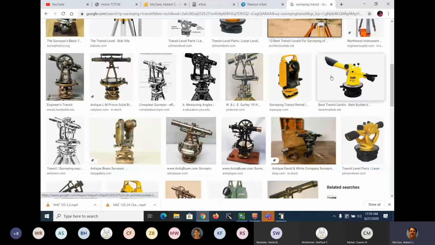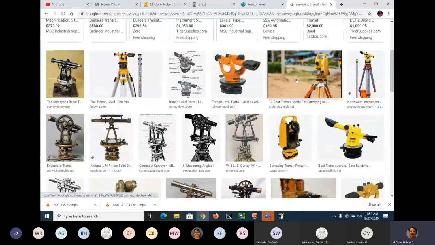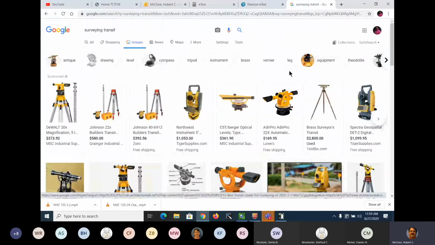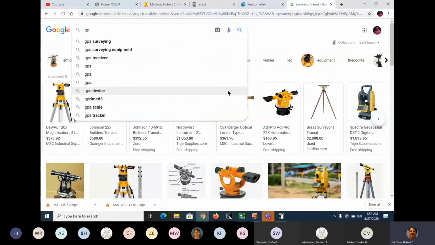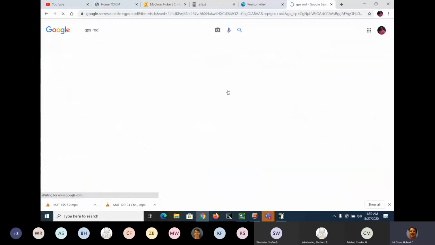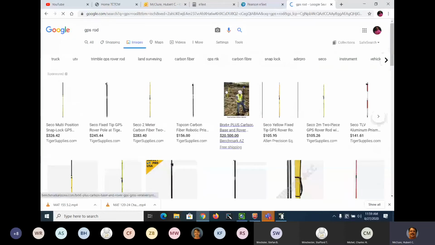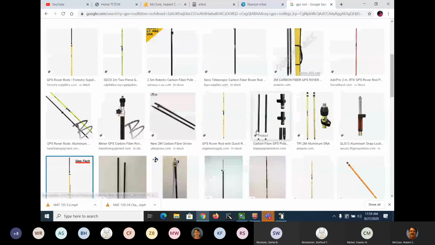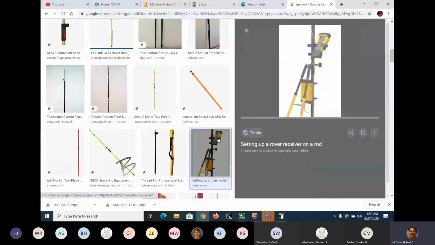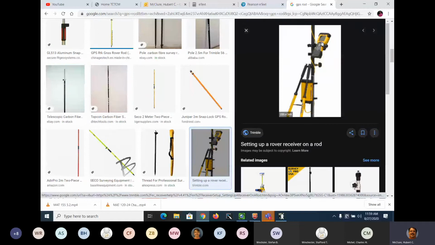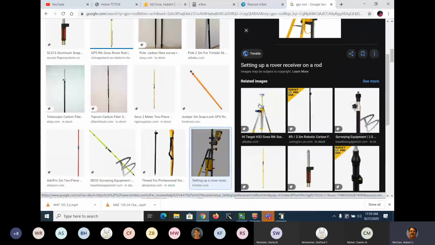But now, GPS is getting better, and a GPS rod probably won't show it. Yeah, looks like that right there. There's a GPS rod right there with the computer on the side. Nowadays, you just use a GPS rod.